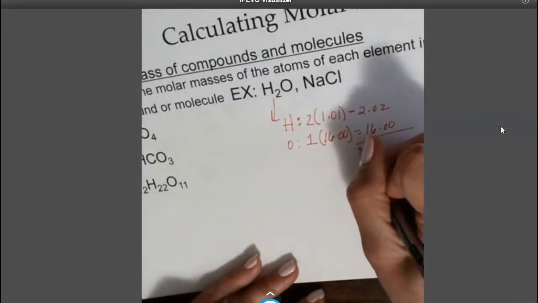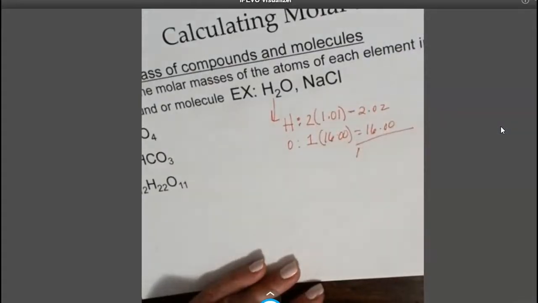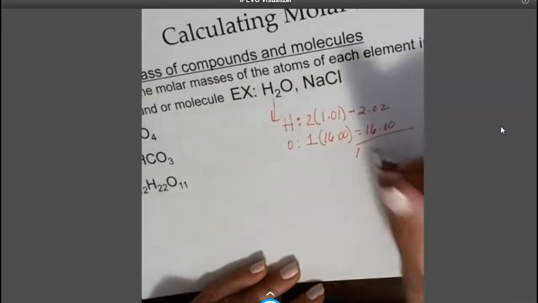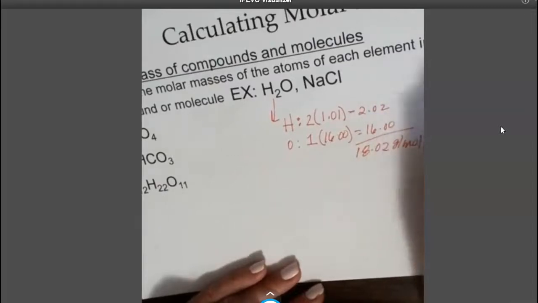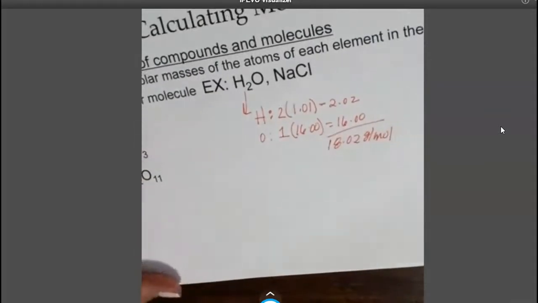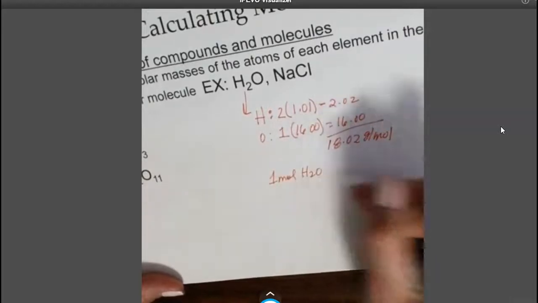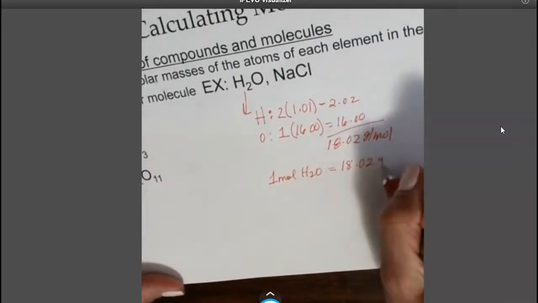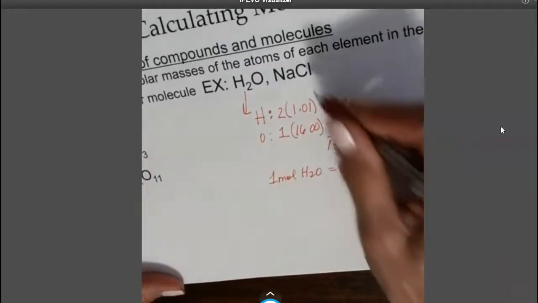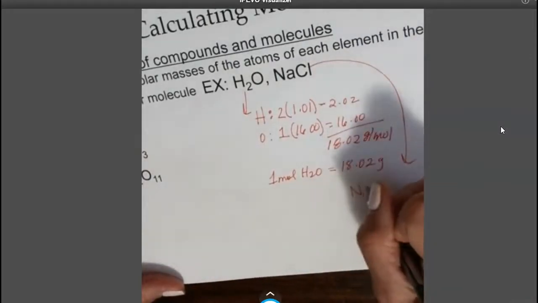So the molar mass of water molecules is 18.02 grams per mole. This tells you if I have 1 mole of water molecules, its mass in grams is going to be 18.02 grams.